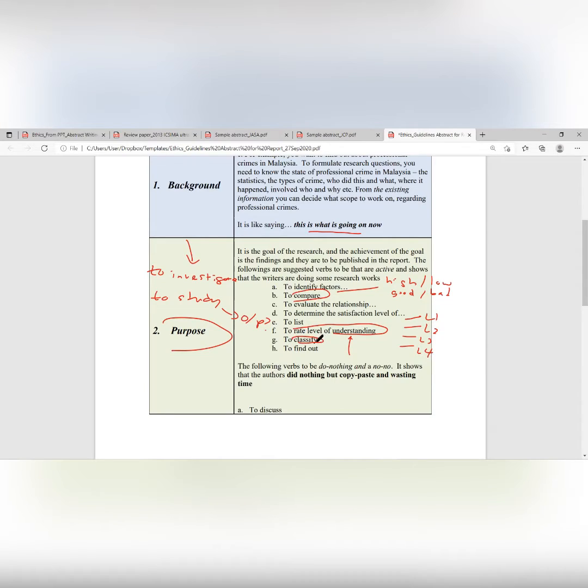So here, the reader will expect that something that being put in terms of grade A, grade B, grade C, and so on. Right? So for this one, for H, to find out, we need to put what it is. We need to be specific of what we have to research in the study.